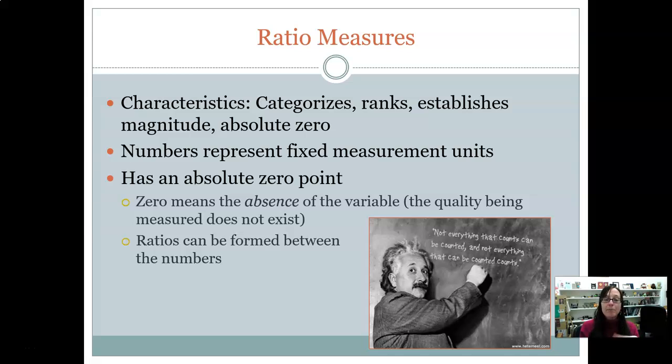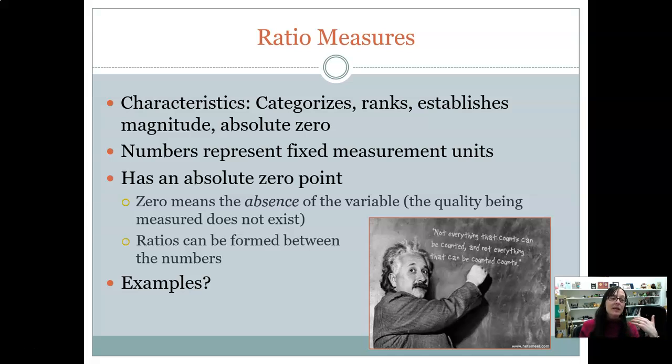The quality being measured doesn't exist. And because you have that absolute 0, now you can use ratios. For example, with income or money, if your income is 0, that means you have no income. And you can say somebody makes twice as much as somebody else. So it makes sense to use those ratios.